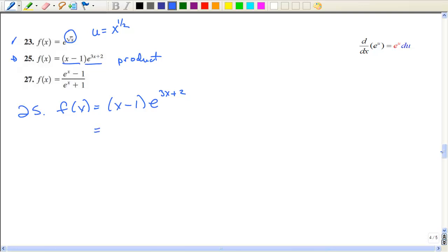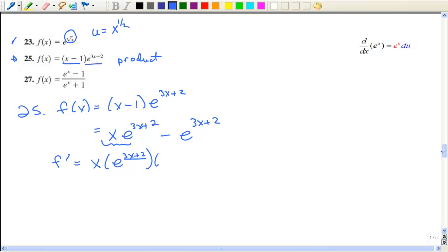So if I actually distribute that, that's going to be x e to the 3x plus 2 minus e to the 3x plus 2. Not using the product rule. Well, you know what? I'm going to have to use the product rule there anyway. Right? So let's take the derivative. So the product says the first times the derivative of the second.